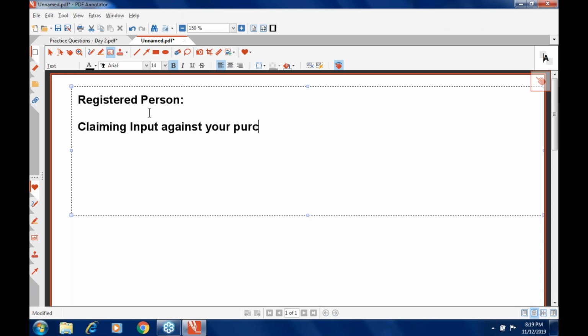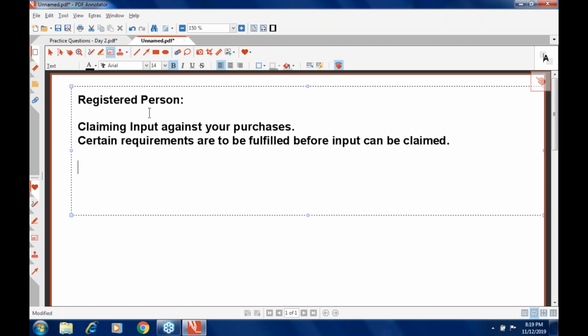In order to claim input tax, certain requirements are to be fulfilled. If you don't fulfill those requirements, you will not be able to claim input.